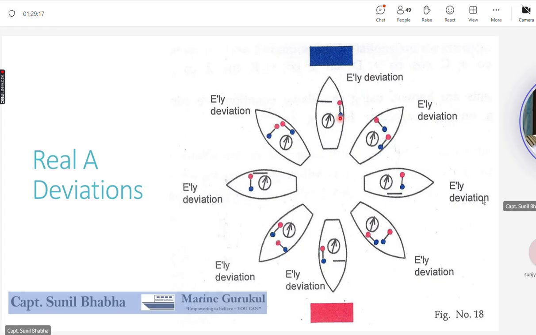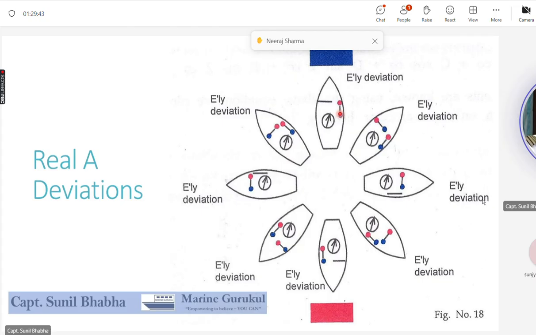Let us now understand the direction of the poles which are generated. We see the magnetic field lines are coming out from the red pole of the Earth and going into the blue pole. So this tells us that these magnetic field lines will be entering into the aft end of the longitudinal.